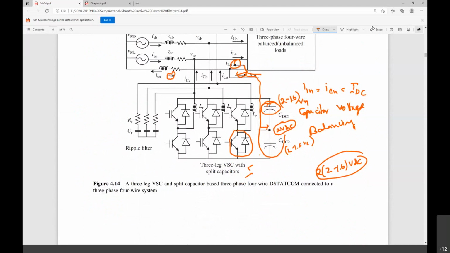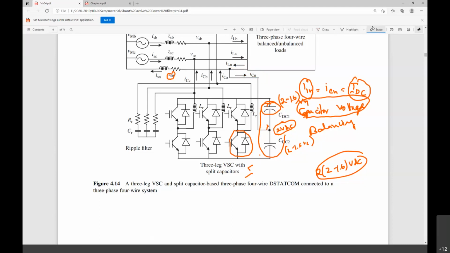The switching losses may also be more, but the advantage of the three-leg VSC and split capacitor topology is that we decrease one leg, and it has much simpler control also. But this particular capacitor voltage balancing issue will be there when you have a DC current in the source neutral, when the DC component current is going to flow in the ICA.